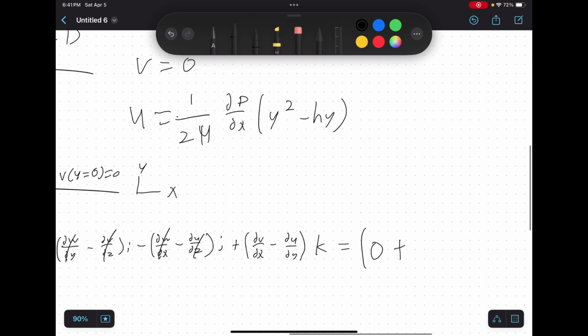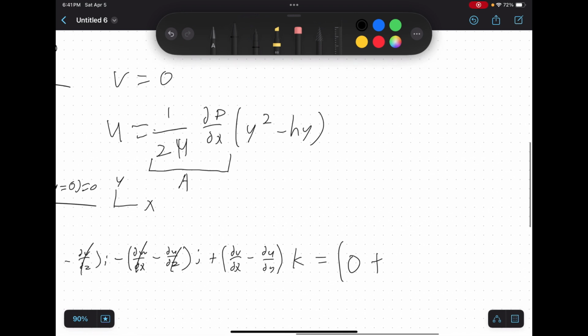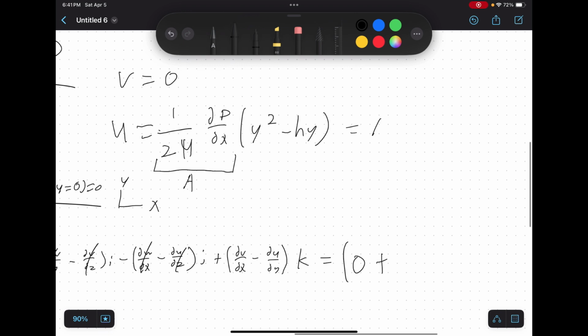And I'm gonna lump this all up and call it a, because it doesn't matter. So if I rewrite it, it would be a y squared minus, you know what? I'm gonna lump it all up and call it 1.